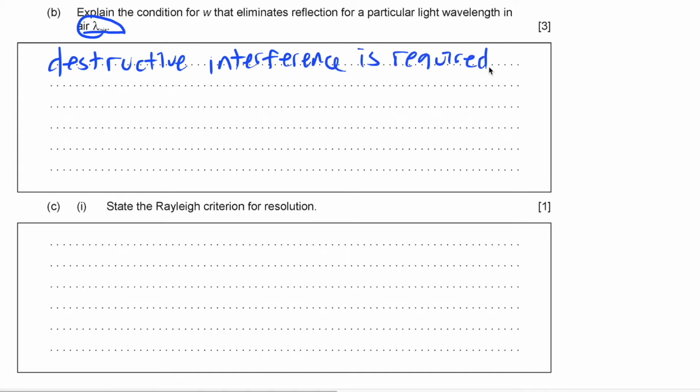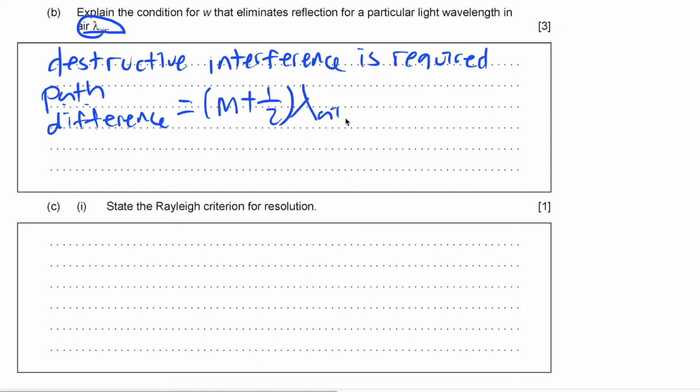And when a destructive interference is required, the path difference is equal to (m plus a half) multiplied by lambda air, where m is equal to any integer.